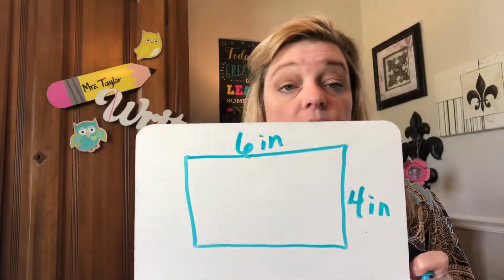What is the perimeter of the rectangle shown to the right? Well, they give us 6 by 4. All right, perimeter though, who can remember? So if this is 6 inches and this is 4 inches, I'm looking for the perimeter.